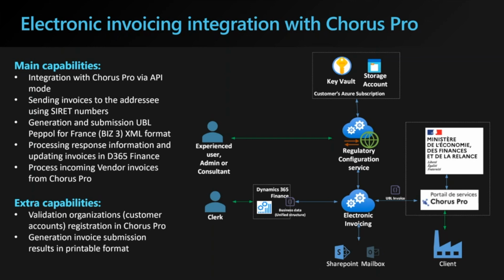And as soon as we have the successful or even not successful submission of invoice to Chorus Pro, system can always get the results or the details of this integration and submission and provide the user of your ERP system with the current state.